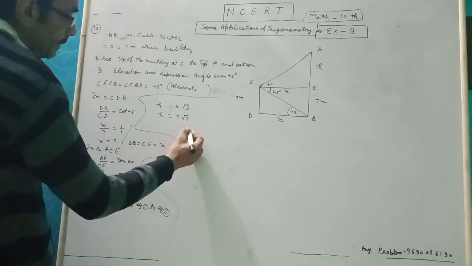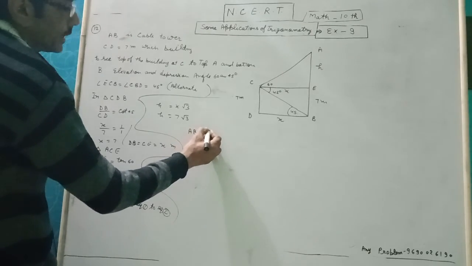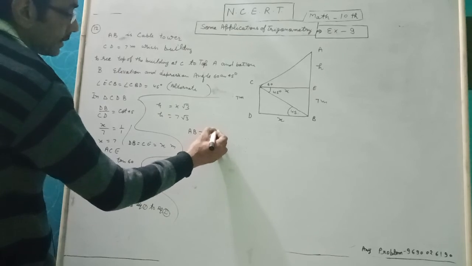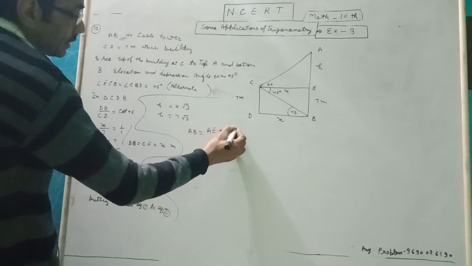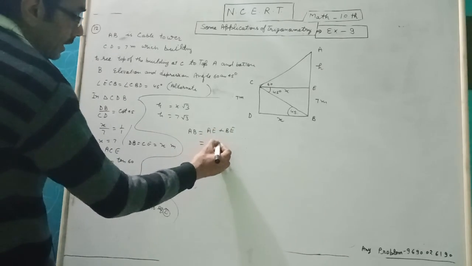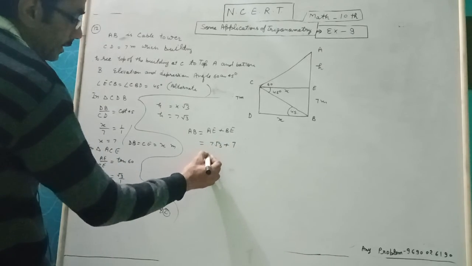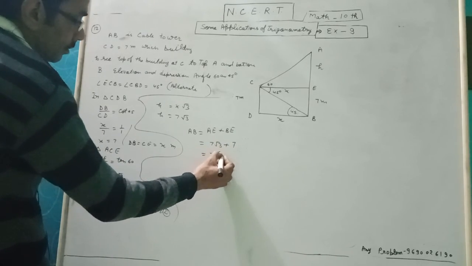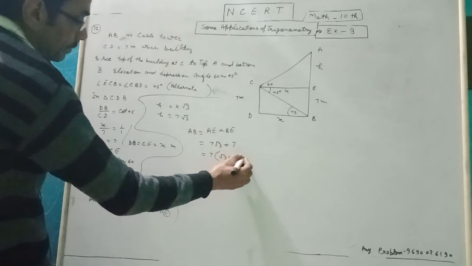We find AB is equal to AE plus BE. AE value is 7 under root 3, BE is equal to 7. After common, 7 under root 3 plus 1 meter.